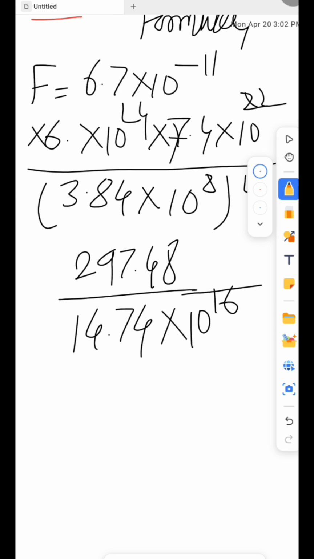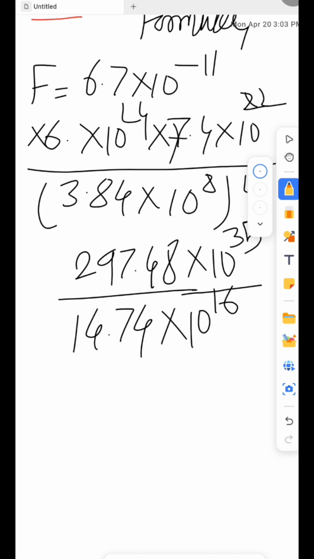8 into 2 is 16. And what we have here is 10 to the power 24 plus 22, that is 46. And 46 minus 11 is 35.